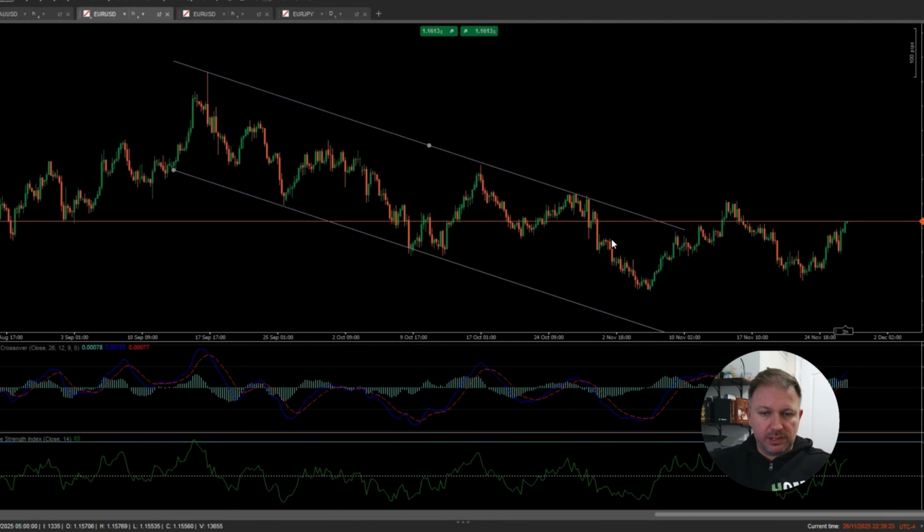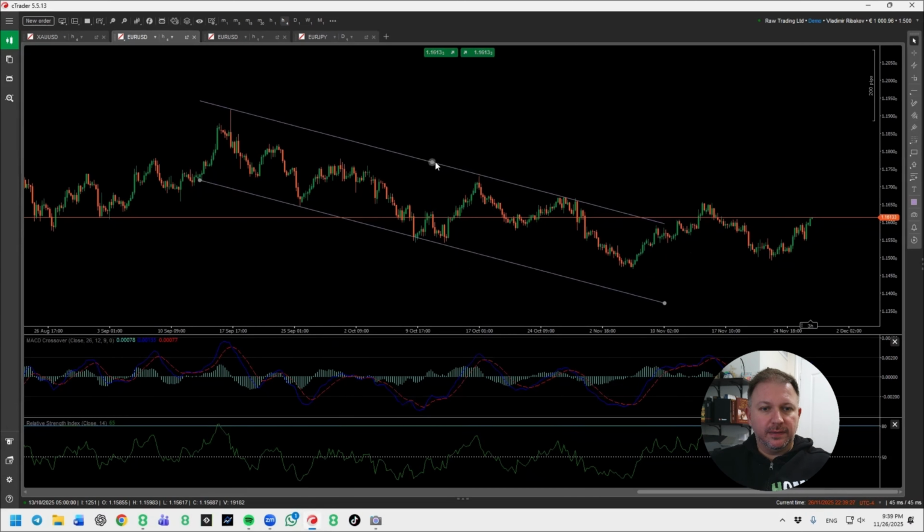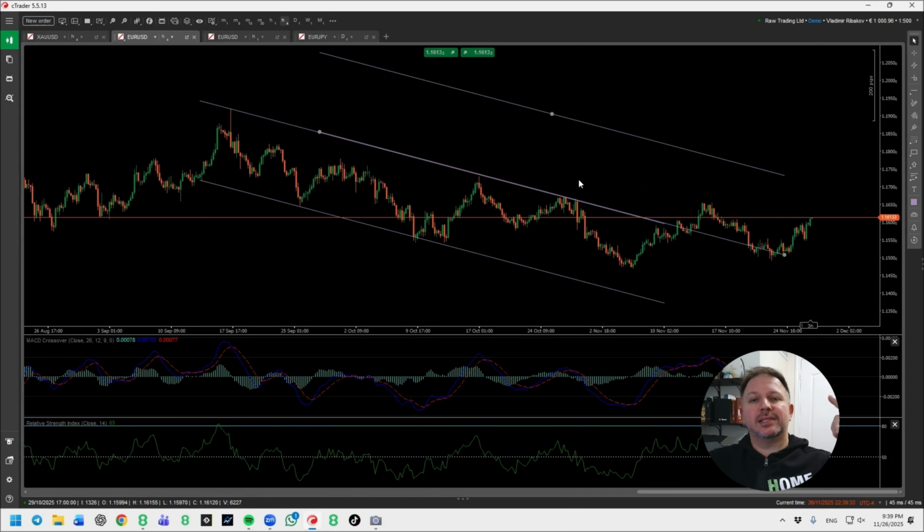So that's of course a great way, but there is another way, and that's the parallel lines, which also will help you with the breakouts. I don't know if the price will break down and continue lower, or if it breaks up. So what to do in that case?